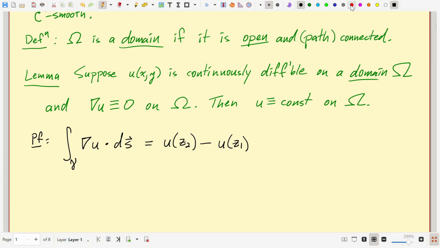Okay, and it's important that gamma be piecewise C1 to make sense of this. And u needs to be continuously differentiable for that formula to be true. And so that would be a big fat 0.